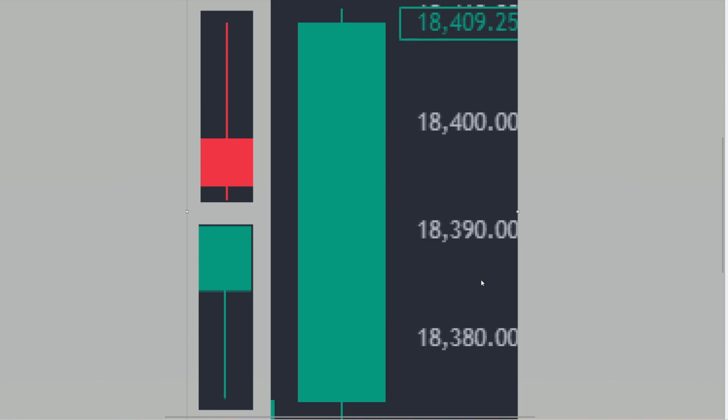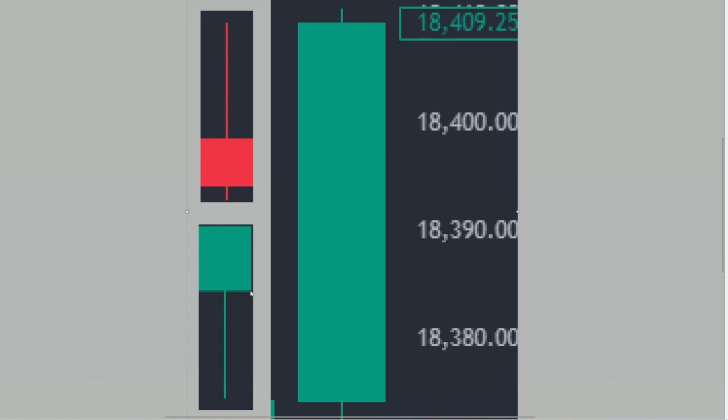So whenever it's green, it indicates that it closed higher than it opened. And then when it's red, it means that it opened higher than it closed. So for this green candle here, it ended up opening at the bottom of the big body.